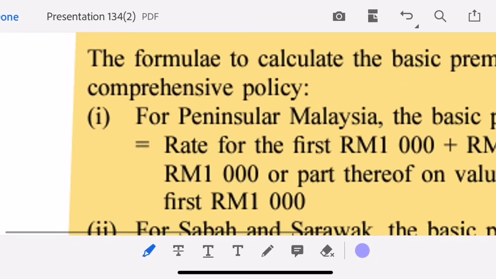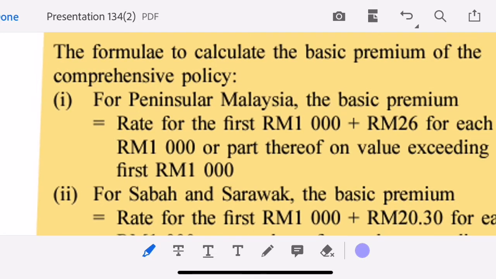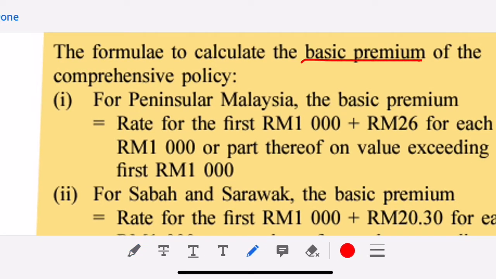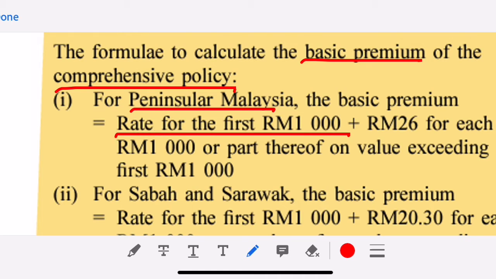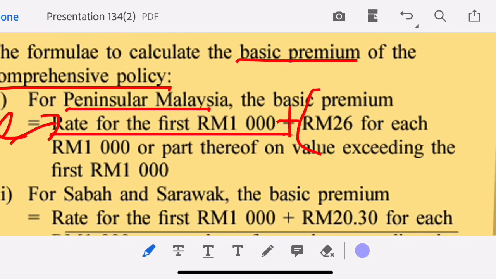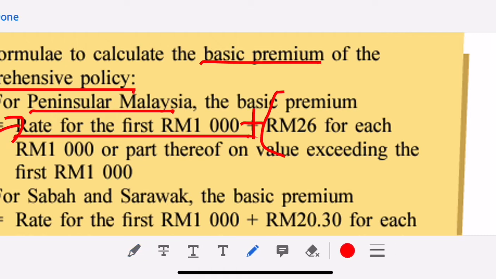Alright, so now the formula to calculate the basic premium for comprehensive policy for Peninsular Malaysia. The basic premium is equal to the rate for the first 1,000, and this rate you have to refer to the table. After that, you have to add the balance after minusing out the 1,000 from the amount insured.